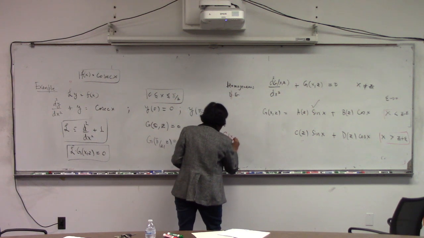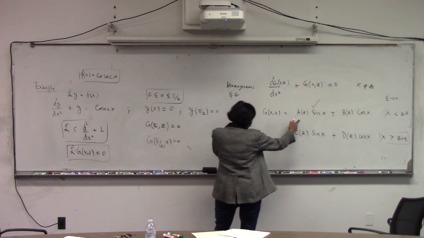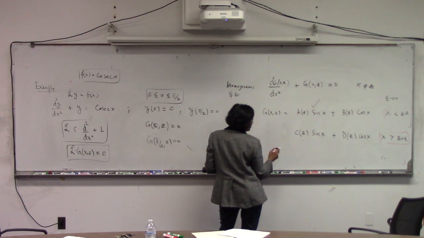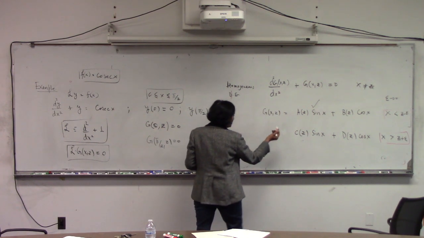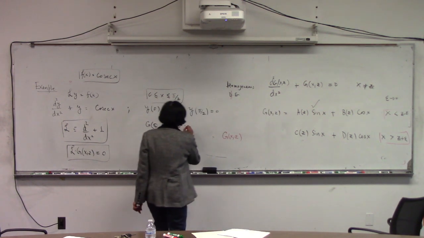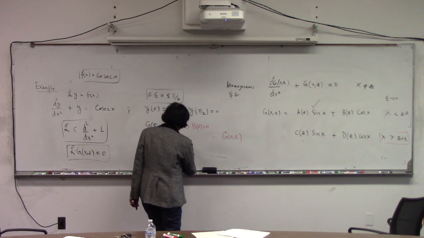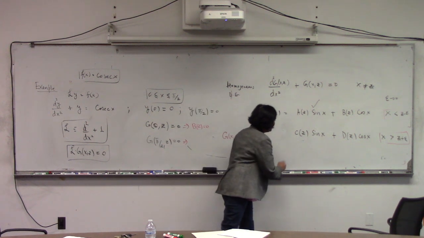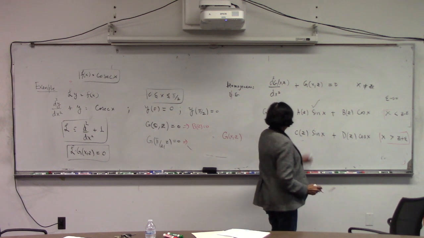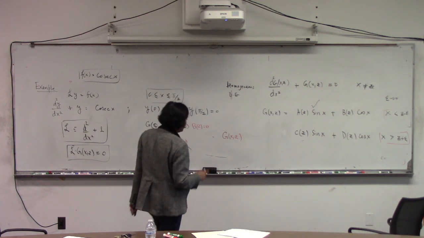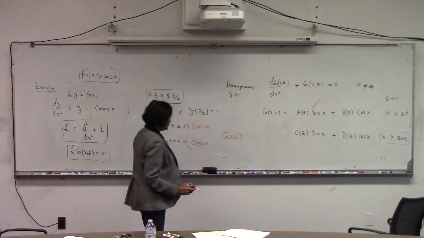So g of x, z at x equal to 0 is 0, so this implies b of z should be 0. This condition tells you b of z is 0, and the other condition we have to apply to this one. At x equal to pi over 2, this survives, but it has to be 0. So that tells you c of z is 0, right?